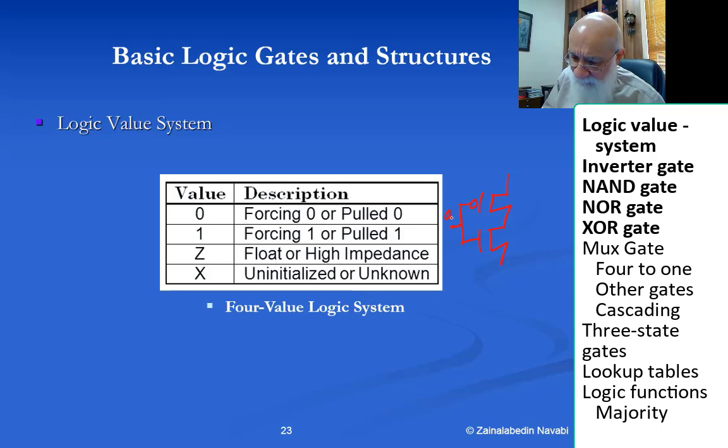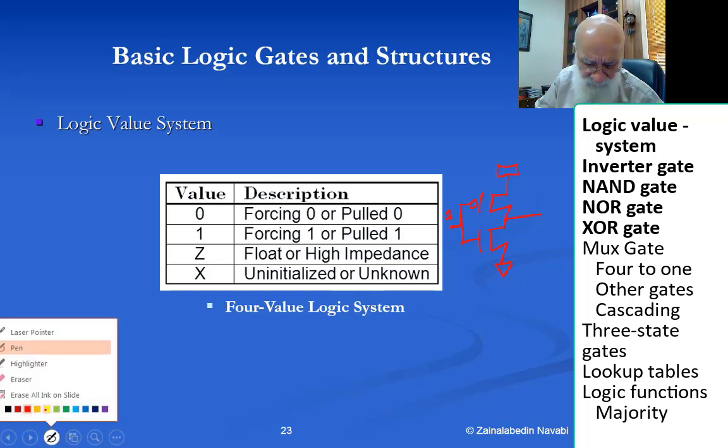This is input A, this is supply, and this is the ground, and this becomes the output of the inverter. And if my A input is 0, then see what happens.